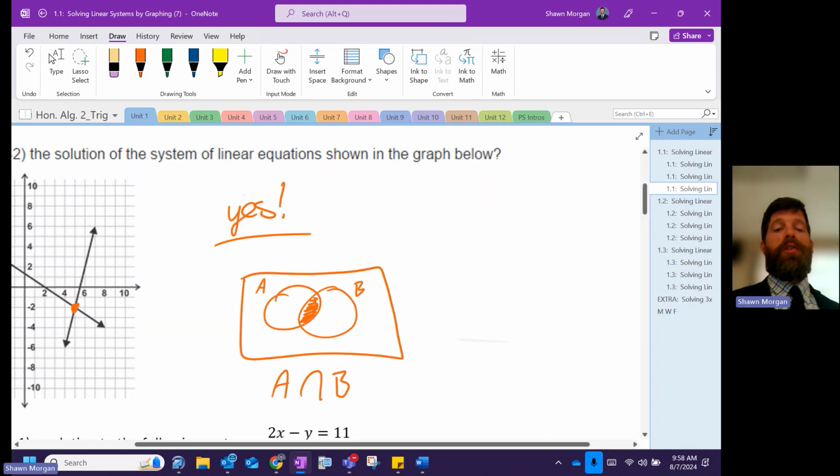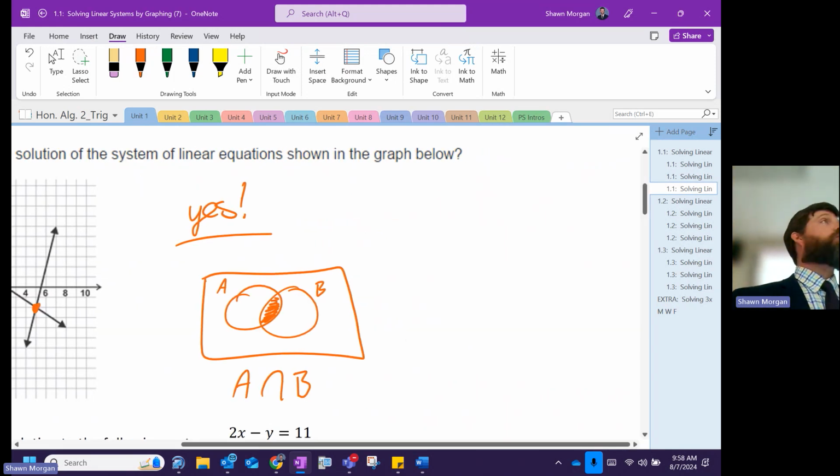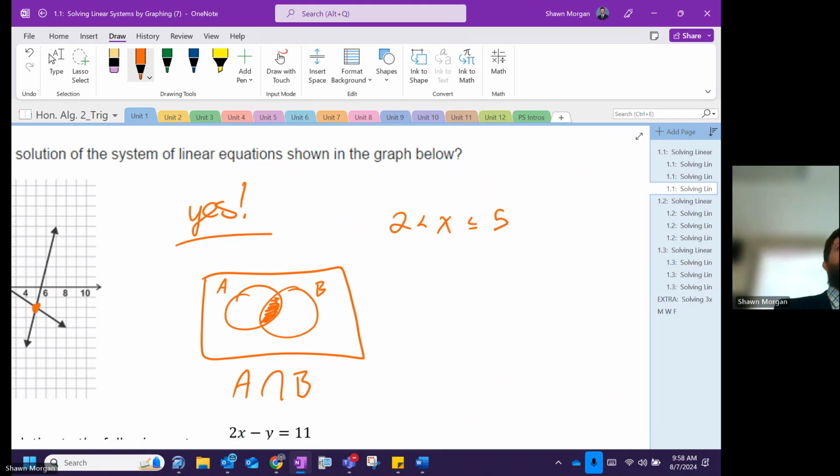You've seen intersections with regards to inequalities as well, right? So you might have seen something like, X is, give me a good preposition here. A preposition, please. Any grammarians? Between. Who said between? There we go, Mr. Cocker. So X is between 2 and 5.